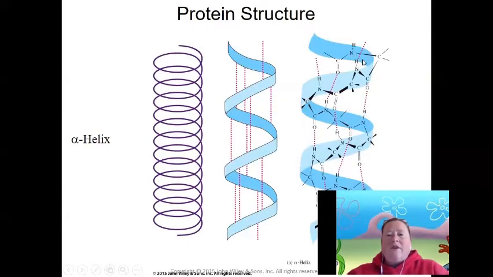And so we're not looking at side chains here as the primary function. We're looking at this carbonyl group within this backbone hydrogen bonding with the positive portion of this hydrogen, coming from the unequal sharing of electrons between nitrogen and hydrogen. So all of these little dots represent those hydrogen bonding interactions.